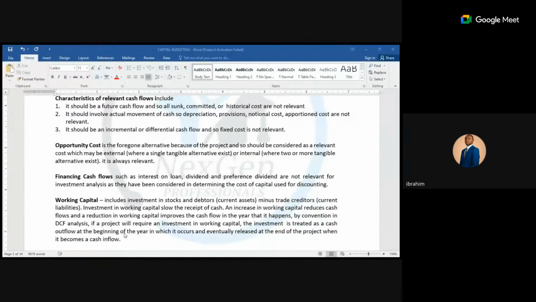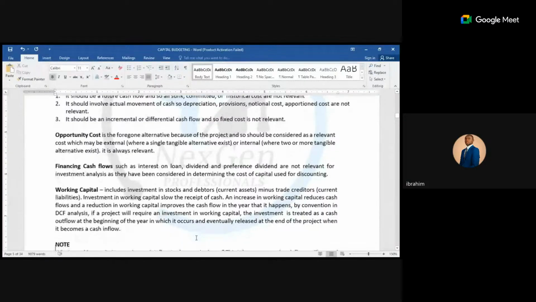And at the end of the day, I will say, okay, I need to recoup back my money, which is 50,000. So that is how working capital works. At the beginning of the project, at year 0, it becomes an outflow. At the end of the project, you receive it back. It becomes an inflow. It is in and out, right? That is working capital. We'll get there in the question, right?